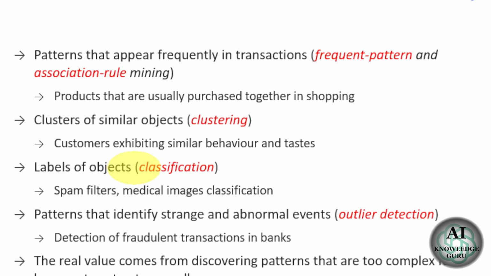Labels of objects are known as classification, for example, spam filters and medical image classification. Patterns that identify strange and abnormal events are known as outlier detection, for example, detection of fraudulent transactions in banks. The real value comes from discovering the patterns that are too complex for humans to extract manually. So what we learned: frequent pattern and association rule mining, clustering, classification, and outlier detection.